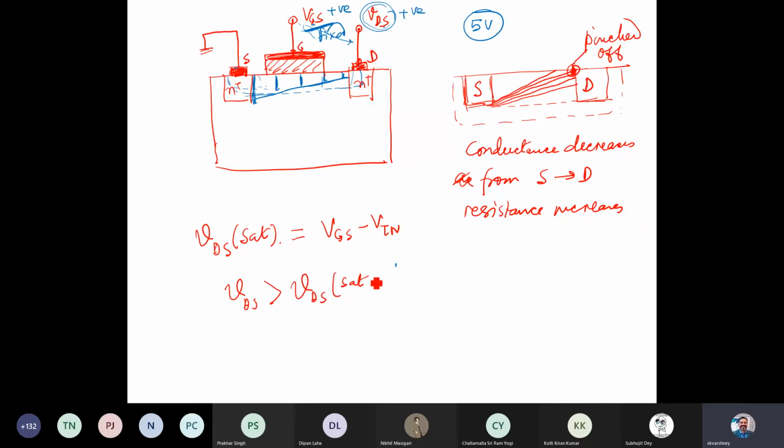If we keep on increasing VDS beyond the saturation voltage, it slightly affects the channel behavior. The pinch-off point makes a small shift, so the pinch-off point moves slightly by a small delta L.